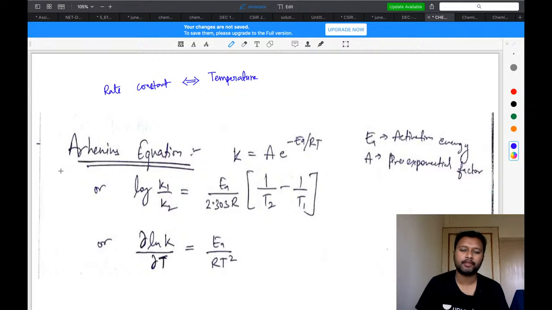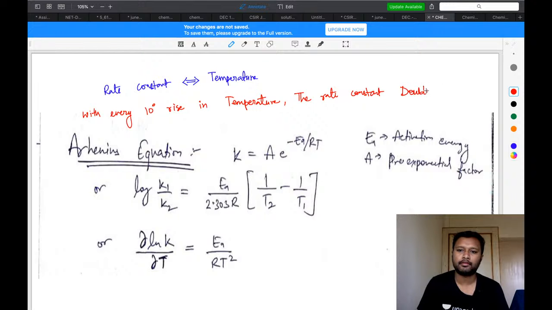Before the Arrhenius equation, it was observed that with every 10-degree rise in temperature, the rate constant doubles itself.